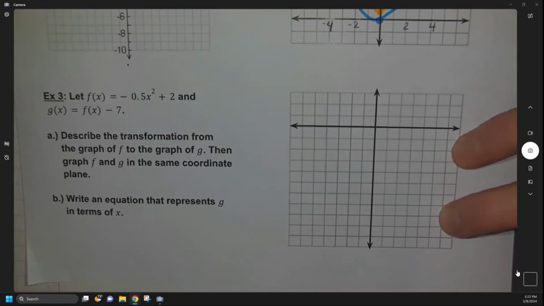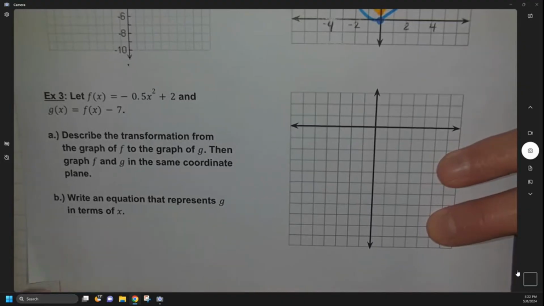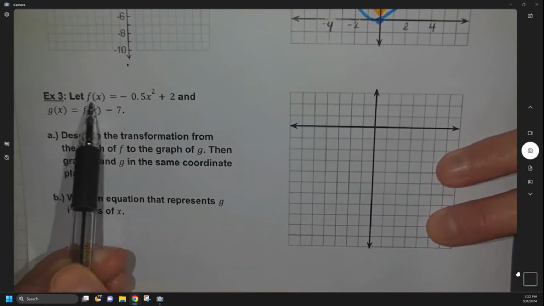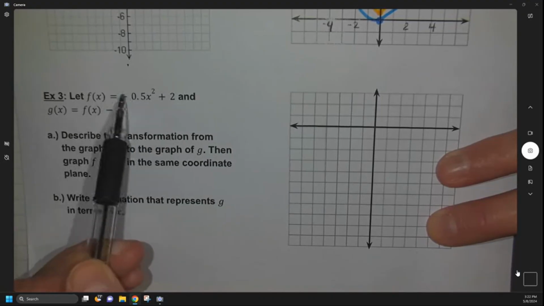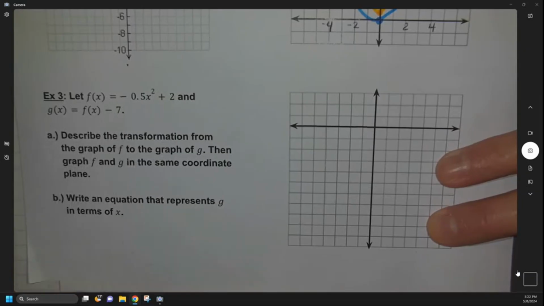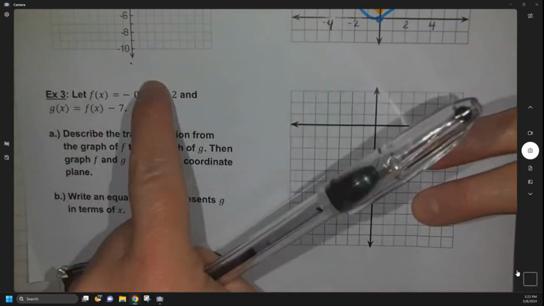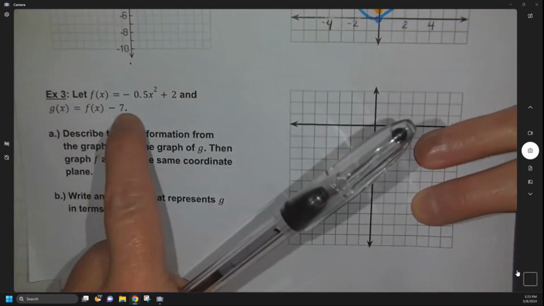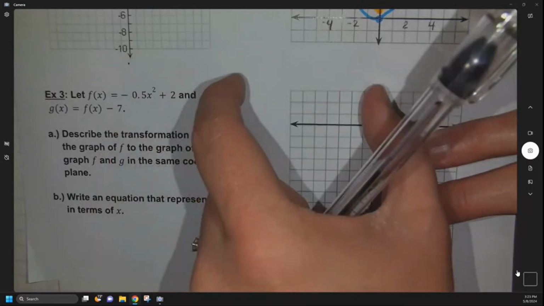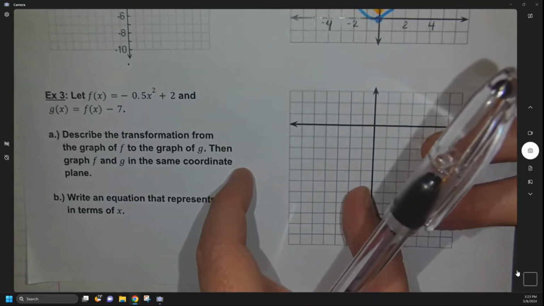If I look at this really quick, I notice that I have all of function f here, all of this function, and then I'm taking 7 away from it. Just from that piece, without graphing anything, I notice that because I'm taking the answers from function f and subtracting 7, I'm going to take whatever the graph of function f is and slide it down 7 spaces.